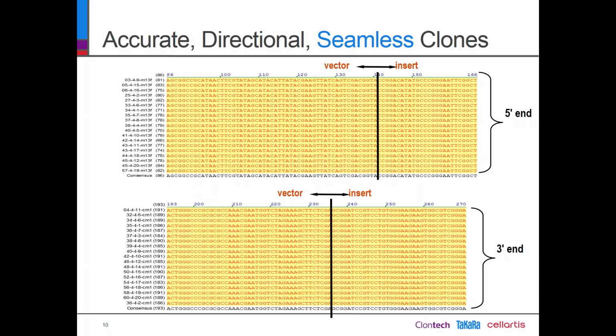So seamless means really that there are no additional bases being added between the vector and your insert. It goes in exactly where you want. This is very important for protein expression and mutagenesis constructs because you don't want to have any frame shifts happening. Sometimes you don't want to have even one additional amino acid. You just want to have exactly the protein that you designed, and this is what you can do with In-Fusion.